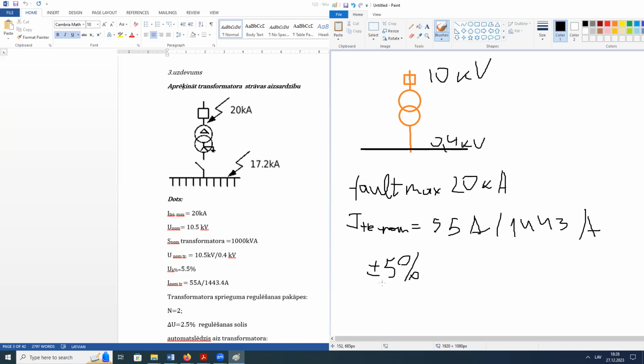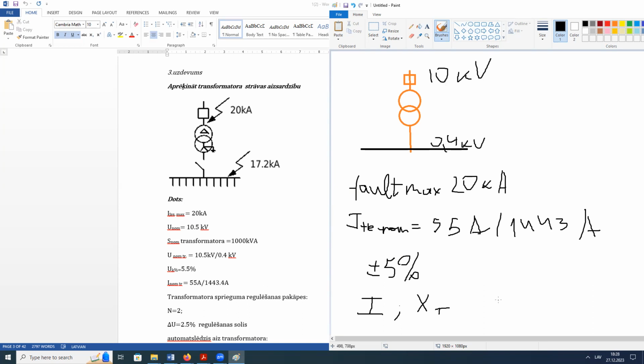Why is this important? Because when we are calculating the current value, like in the previous task, we need to know the resistance of the transformer. The resistance is not constant, because based on the voltage it could be different.